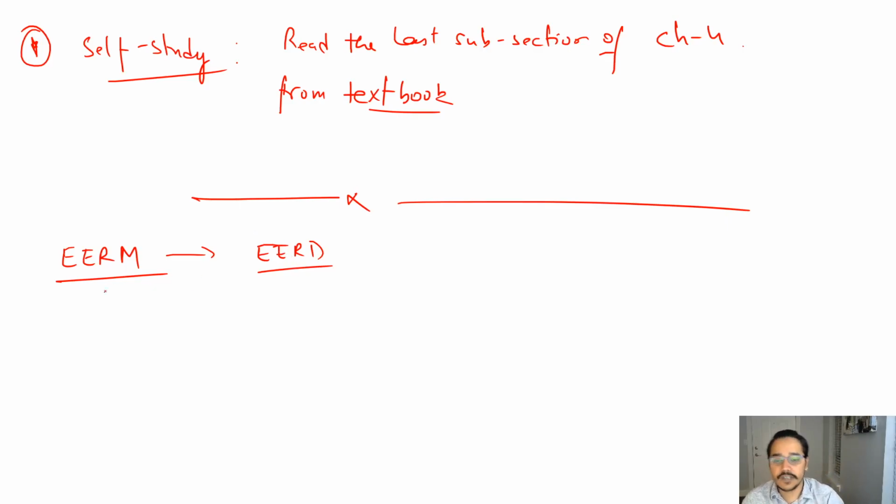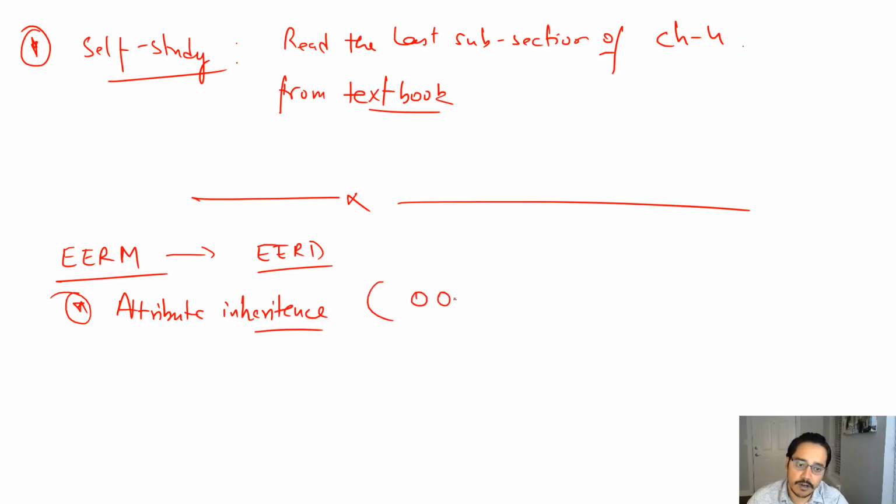It's a special feature, and everything else remains the same compared to ERM. But what is new here is the concept of attribute inheritance. Okay, so we are introducing the idea of object-oriented programming into database design. Okay, so that is what we will be discussing in the next lecture video.